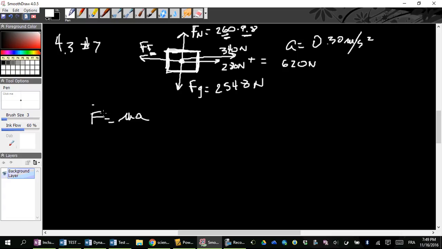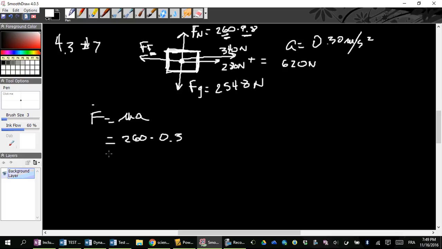If you enter this there, that won't work, for the simple reason that you didn't take care of FF, which is acting against. We have a way to find that because we know A, we know N. So what you'll do, you'll find F for the given mass. That piano is 260. We know A. We said it's 0.3.